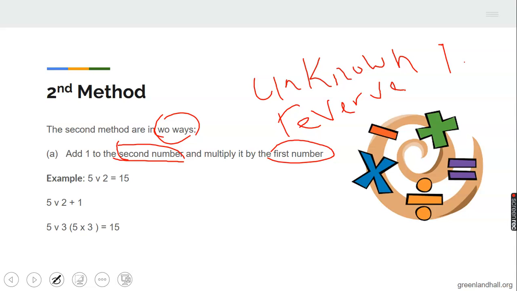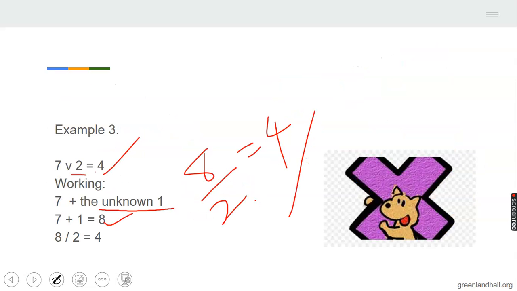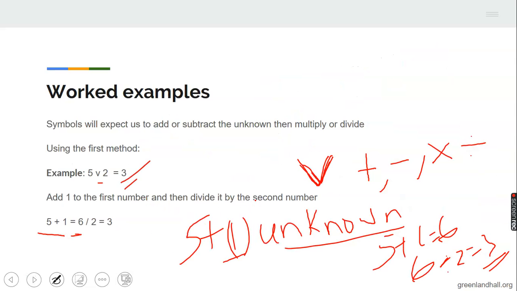So we have 5v2. 2 is the second number, so you add 1 to 2. 2 plus 1 will give you 3. So you now say 5 times 3. This v is standing as multiplication. Don't forget, in my first slide I told you that this v can stand for plus, minus, multiplication or division.